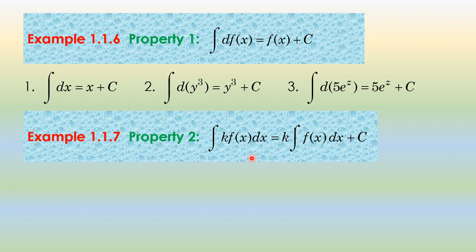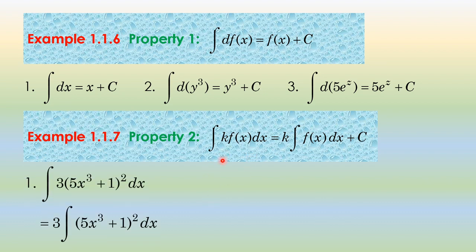Property number 2 is illustrated by the following examples. Integral of 3 multiplied to 5x cubed plus 1 quantity squared. Since 3 is a constant, I can move it out, giving 3 times the integral of 5x cubed plus 1 quantity squared.